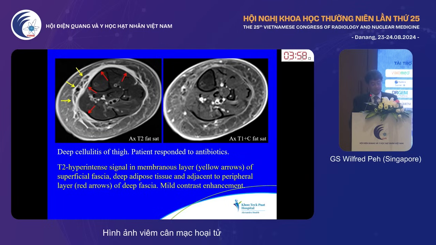The yellow arrow points to fluid within the membranous fascia, and the red arrow points to fluid just outside the peripheral layer of the deep fascia. But if you look at the muscles, they're all normal, and the intermuscular fascia and the peripheral layer itself are normal. So this is just a deep cellulitis.